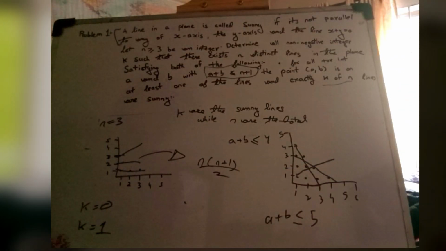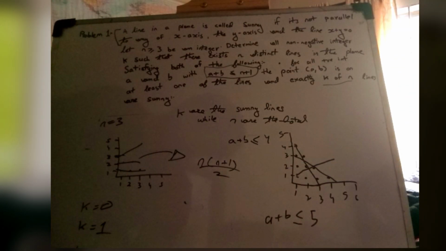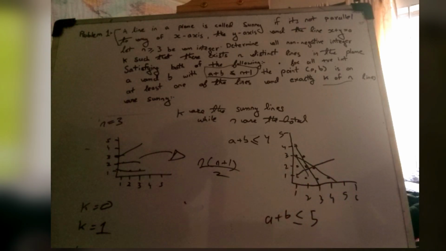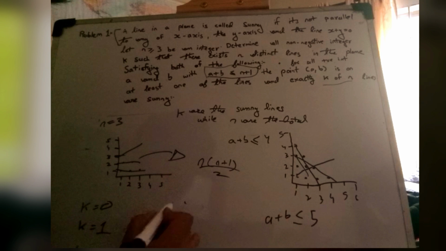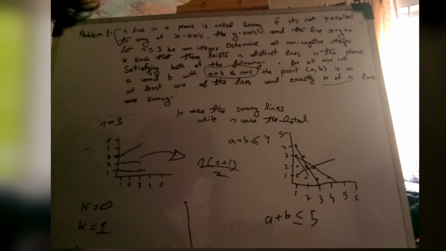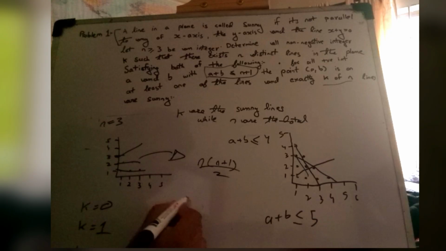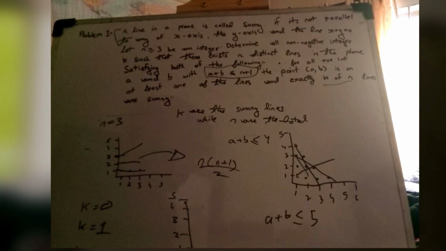Now, since we have k equal to 3, will there be k equal to 4? There can't be k equal to 4. If we test that with trial and error, we will never reach k equal to 4.